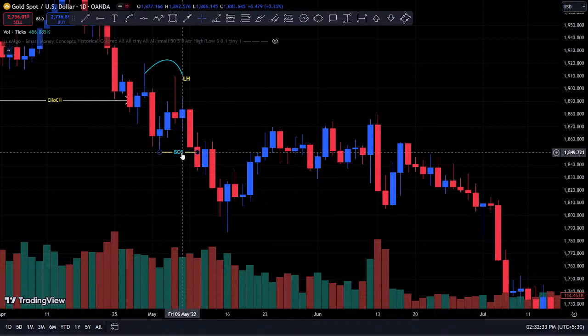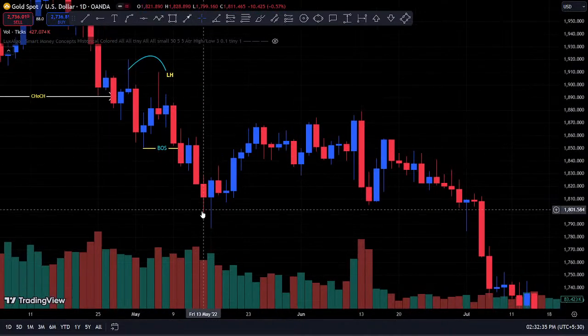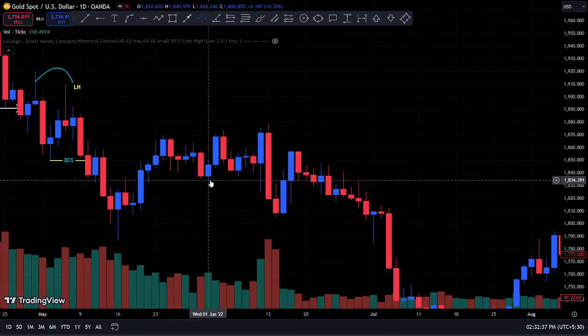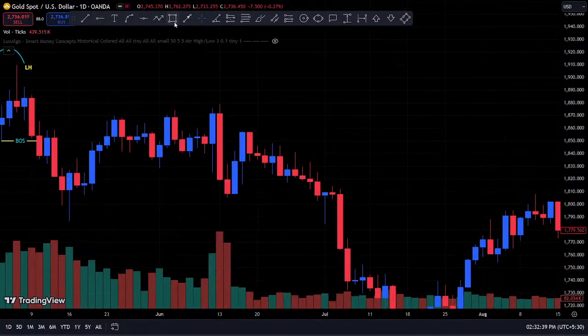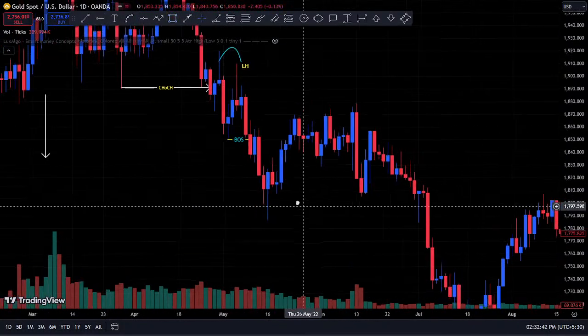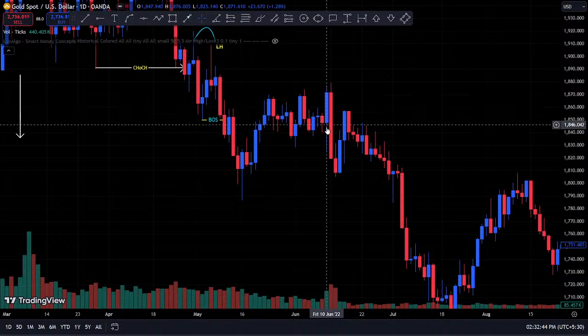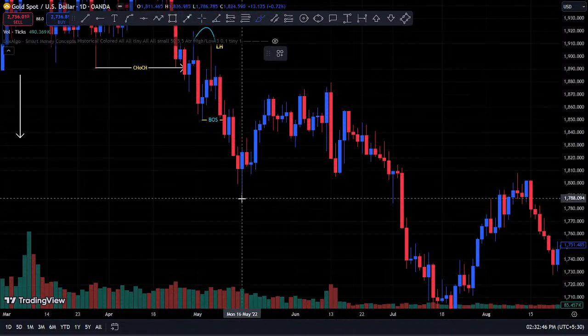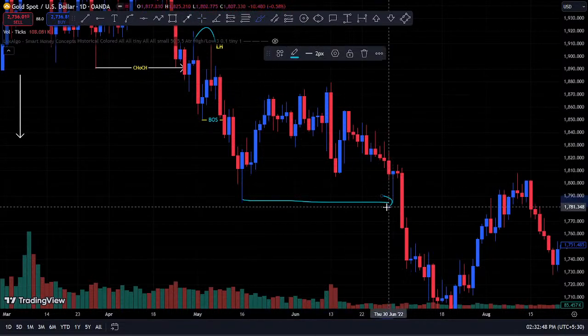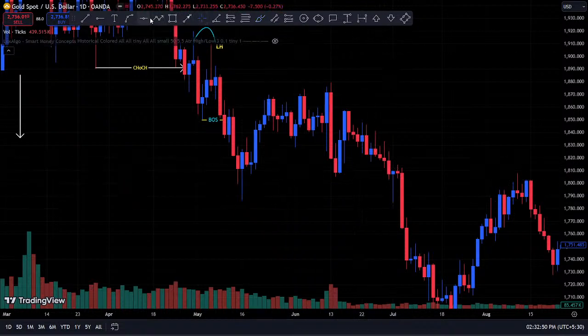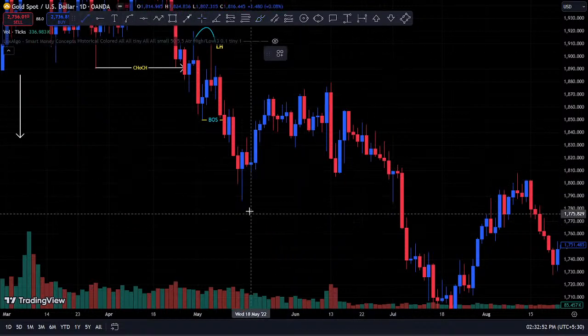Okay, so this is the break of structure, and again the price went all the way back here, and then again the price was reacting to this particular zone, and then the price was shifting here and there. So everything happened, and finally the price broke this particular low, again leading to a break of structure.